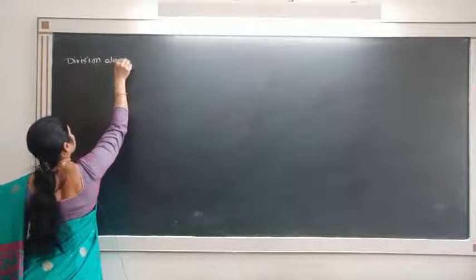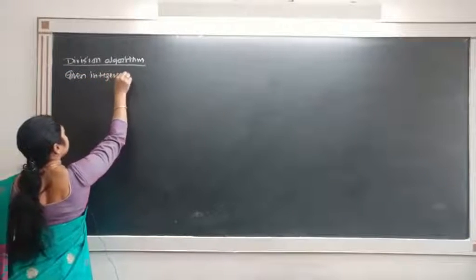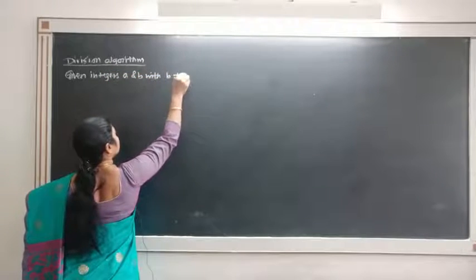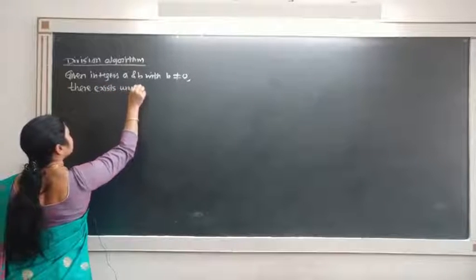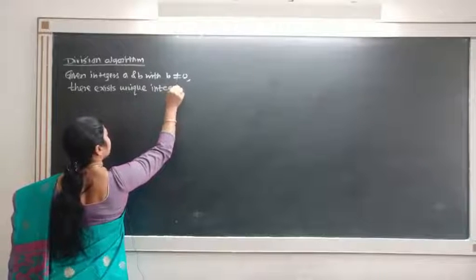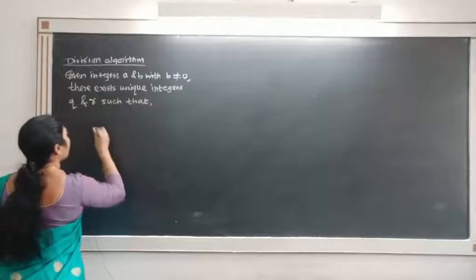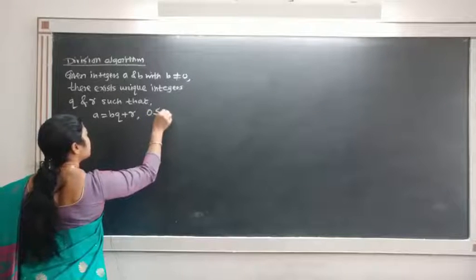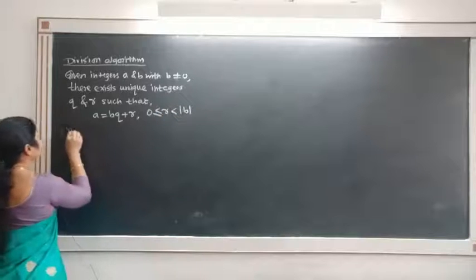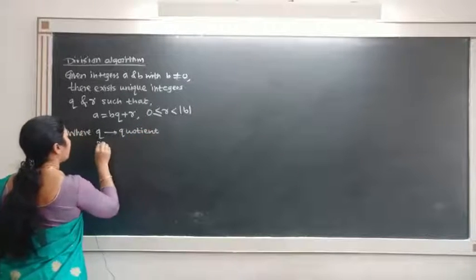It states that given integers a and b with b not equal to 0, there exist unique integers q and r such that a is equal to bq plus r, 0 less than or equal to r less than mod b, where q is known as the quotient and r is the remainder.